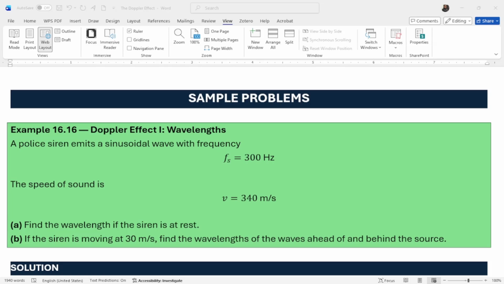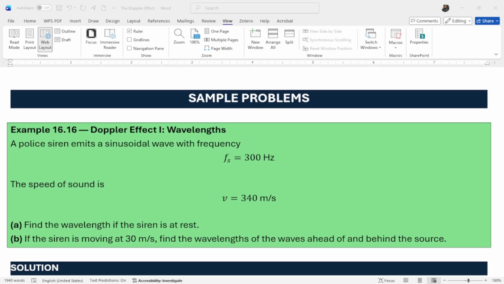The first question is, find the wavelength if the siren is at rest. And letter B, if the siren is moving at 30 meters per second, find the wavelength of the waves ahead of and behind the source.